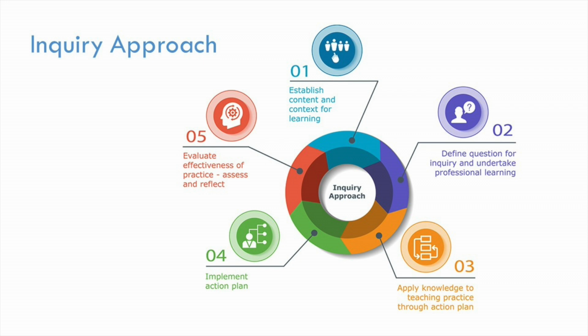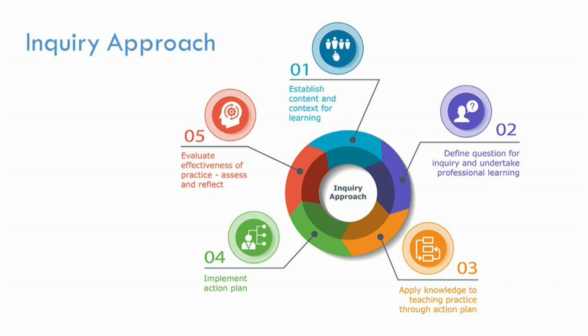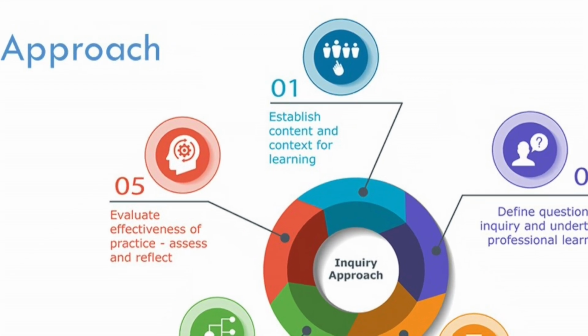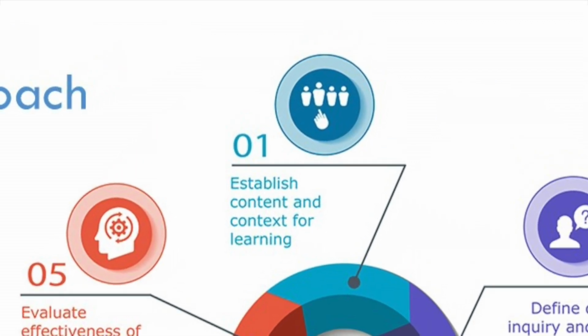So the inquiry approach requires me to take several steps. The first of which is to look at the context in which I'm teaching and the content that I am to teach.